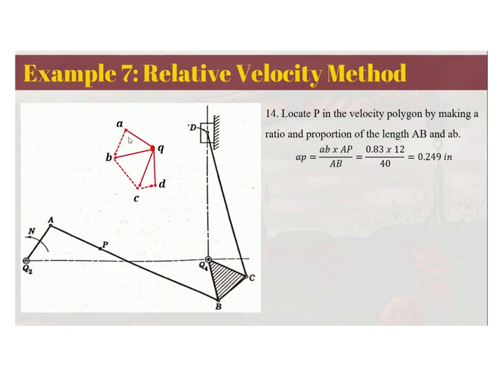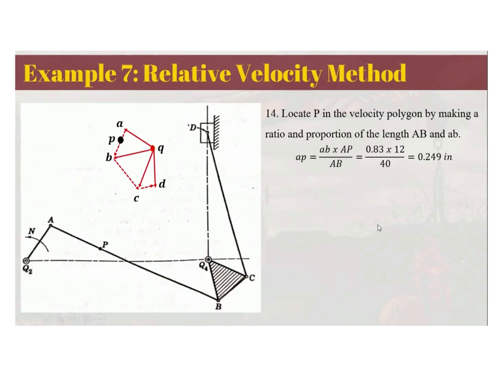Rearranging that so that we can solve for ap, the distance is 0.249 inch. Again, AP and AB are given, that's 40. So that's why our ap is 0.249 inch by ratio and proportion. Just locate it on the line from a to b, because this is a representation of your drawing.